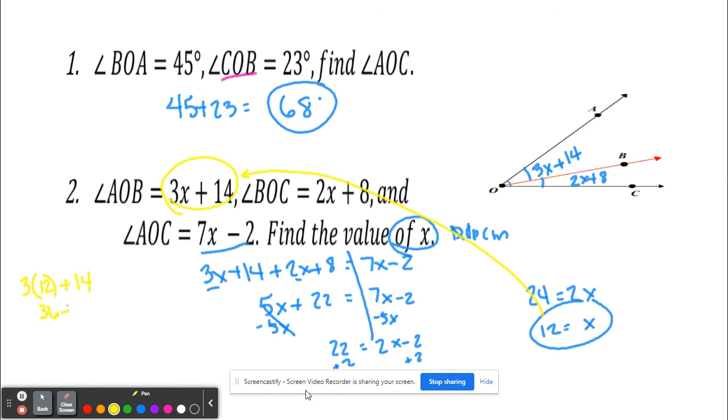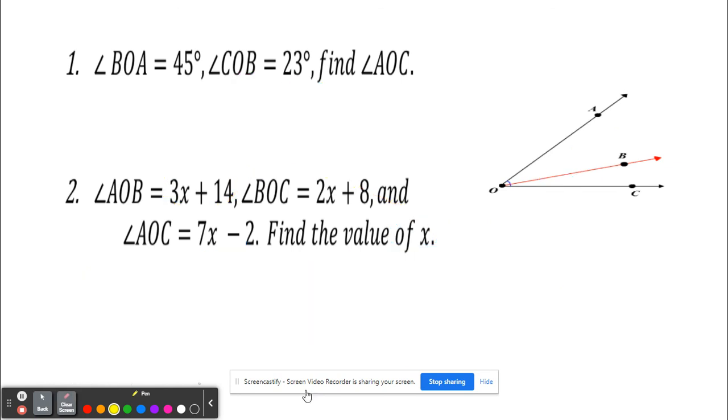So I've got 36 plus 14, and then add those together, and I have 50 degrees. So that means this measure right here would be 50 degrees. I'd plug it in here to find this one down here, and then I could add the two together to get the big angle. So that is the first part of 1.5. There'll be a second video, but we're going to stop there.